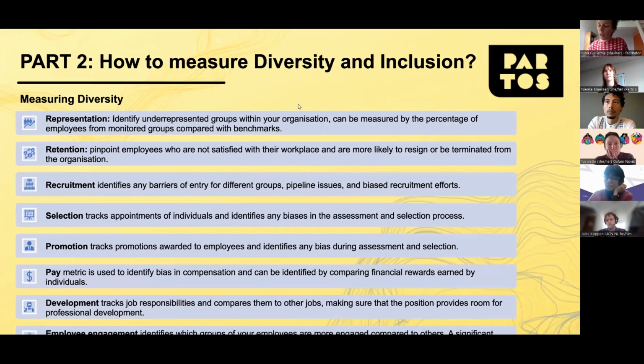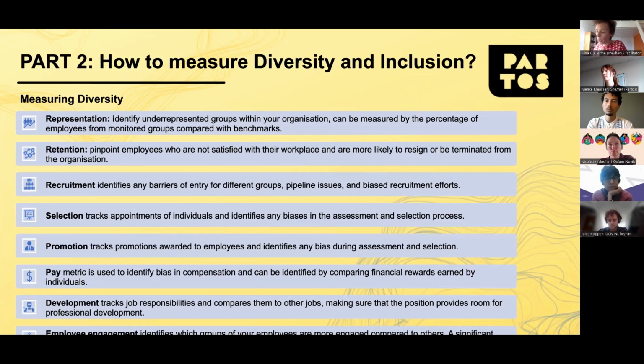So, as you know, diversity, equity, and inclusion is a huge topic, and there are multiple types of measuring and ways to report on different identity aspects and social aspects, which is also very different from one context to another.